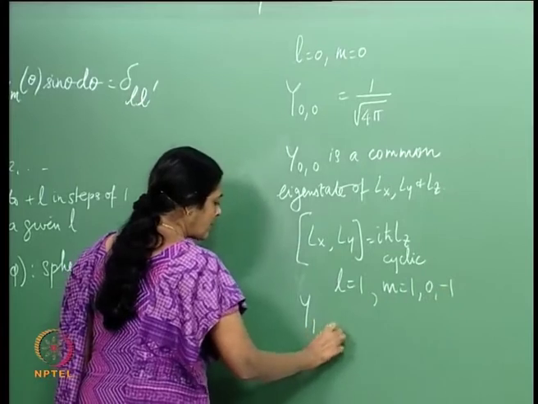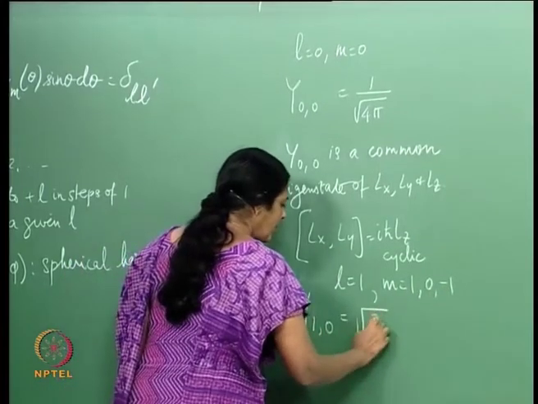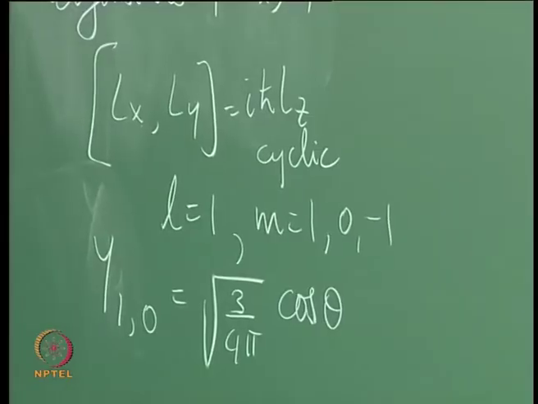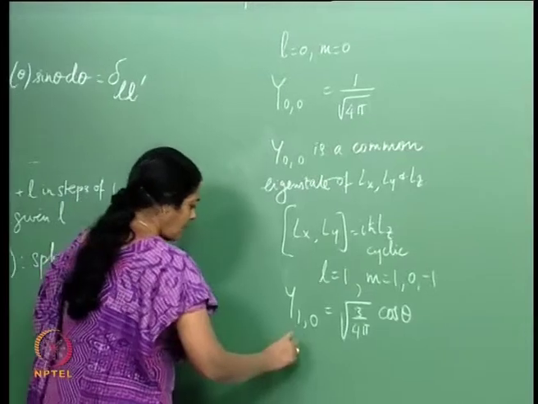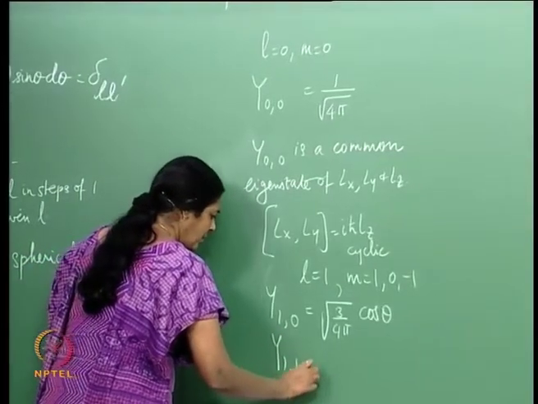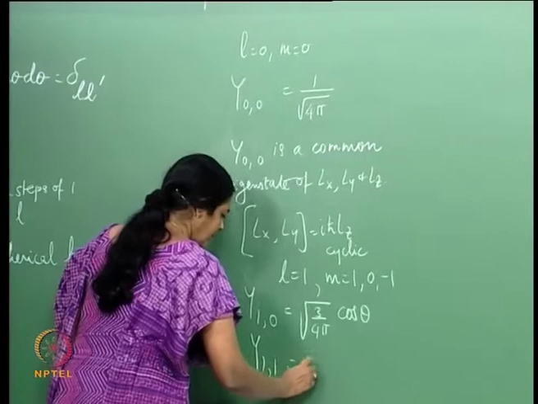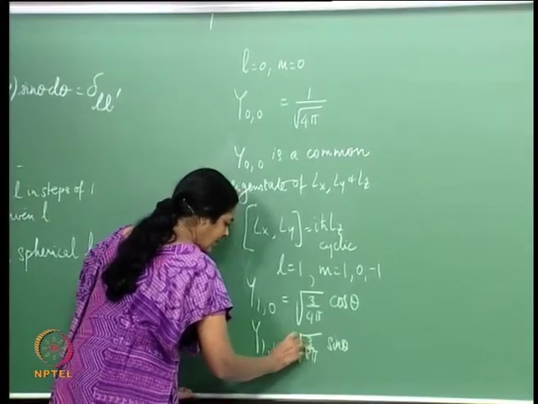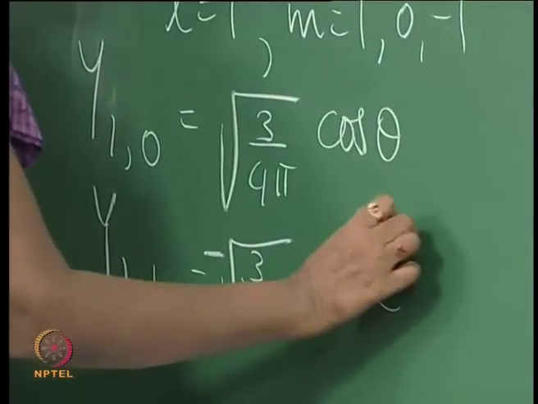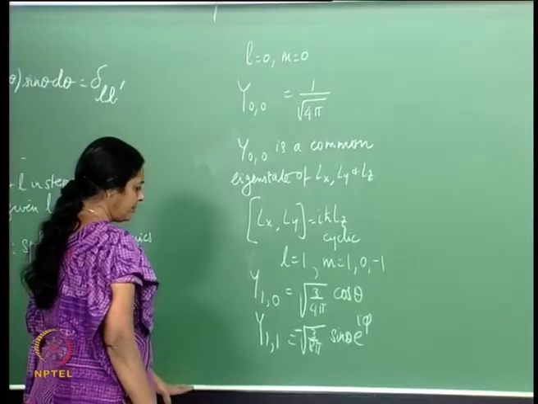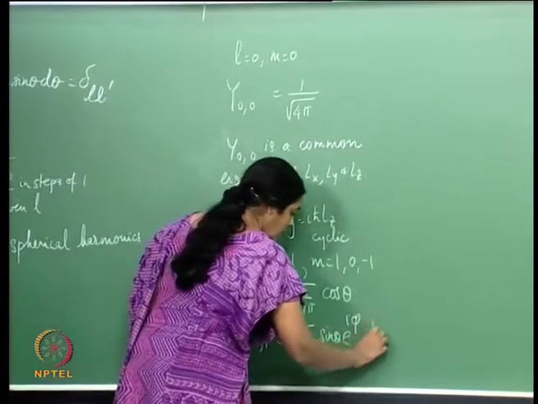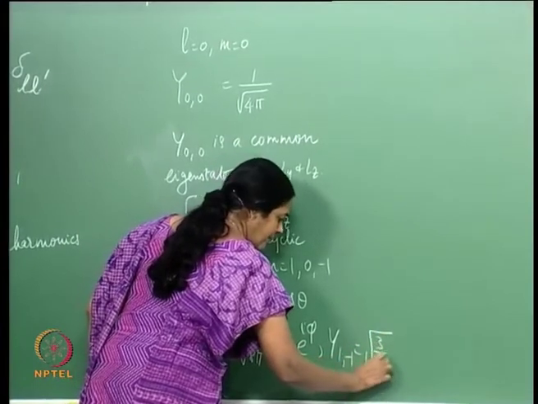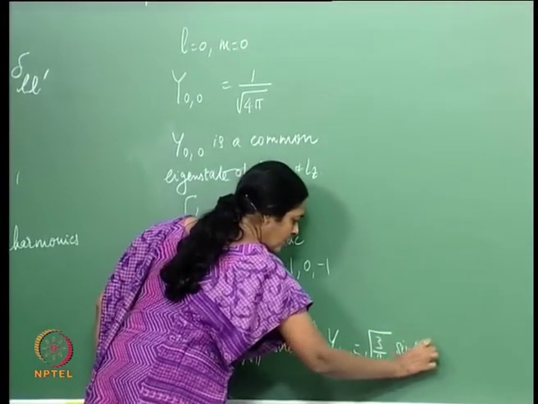So, you can have Y10, and that turns out to be root of 3 by 4 pi cos theta, and Y11 of theta phi is root of 3 by 8 pi sin theta with a minus sign e to the i phi. If you look at Y1 minus 1, that is root of 3 by 8 pi sin theta e to the minus i phi.